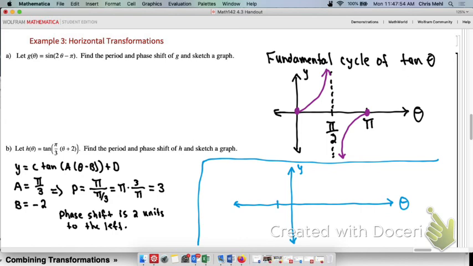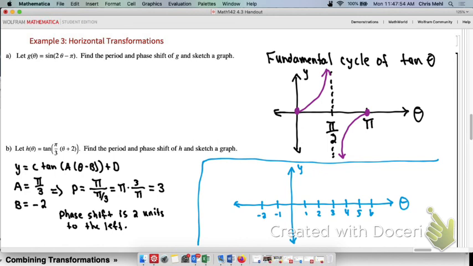So I'm going to go 1, 2 units to the left. And then I'll go 1, 2, 3, 4, 5, 6, and see where that gets us. I'm not actually going to label the y-axis because tangent goes up forever and down forever near its vertical asymptote, so I'm not going to bother with that.